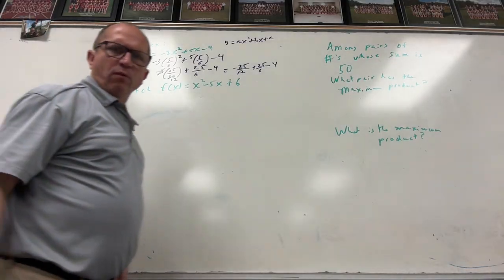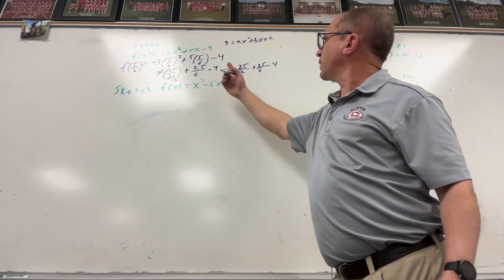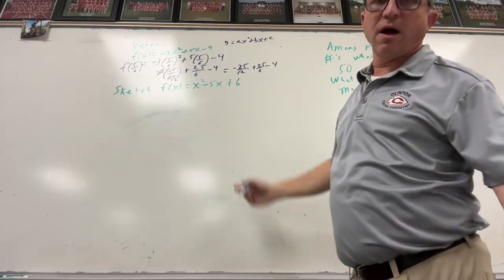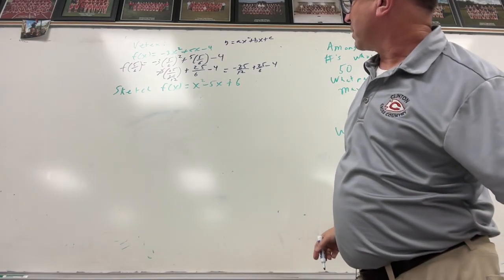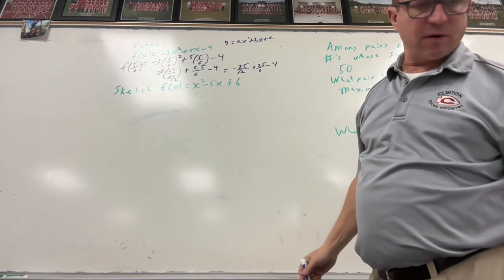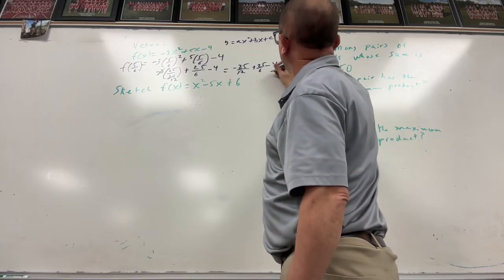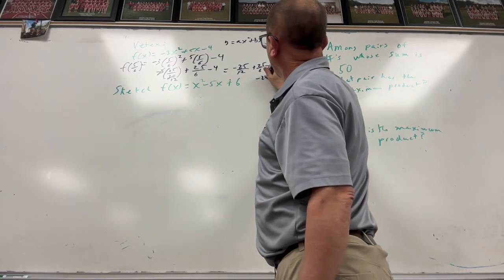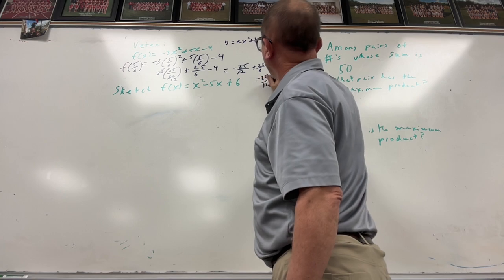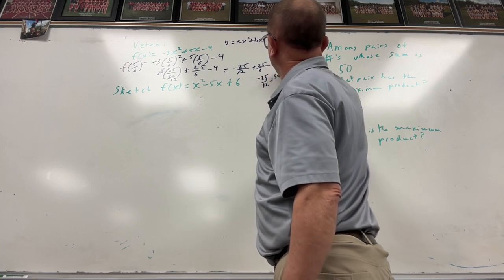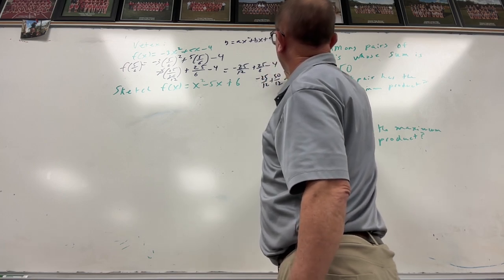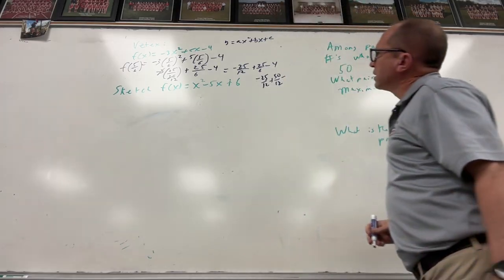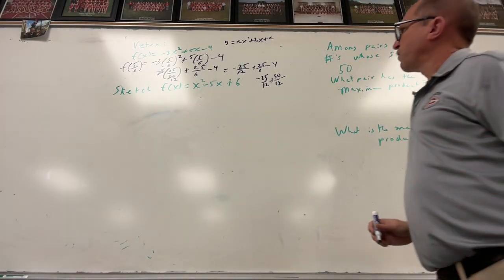So at this point, we're going to look at getting the common denominator. This common denominator would be 12. So I have negative 25 over 12 plus 50 over 12. And then minus 4 is the same thing as 48 over 12.